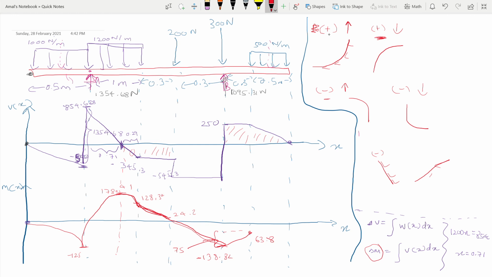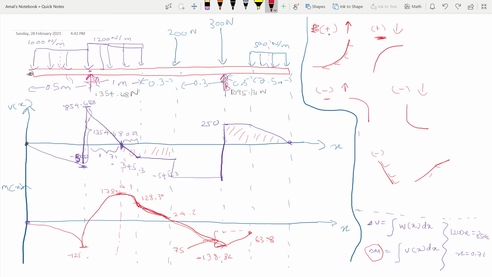So we have to draw, okay, so to what value? Okay, so 1/2 times 0.5 times 250, 62 point, yeah, so it's gonna go to 0.